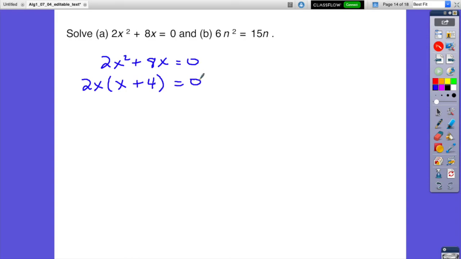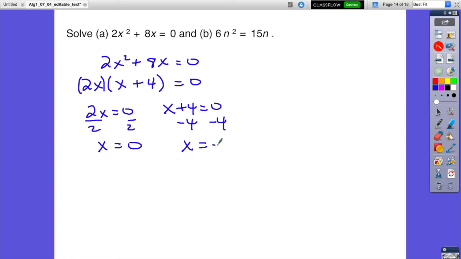That equals 0. Oh, now this looks like the problems in the beginning of the lesson. So I'm going to put parentheses around here so you can see it. Now I'm going to split it into two equations. 2x equals 0. Divide both sides by 2. x equals 0. The next equation, x plus 4 equals 0. Subtract 4 from both sides. x equals -4. Perfect. So those are my two roots.